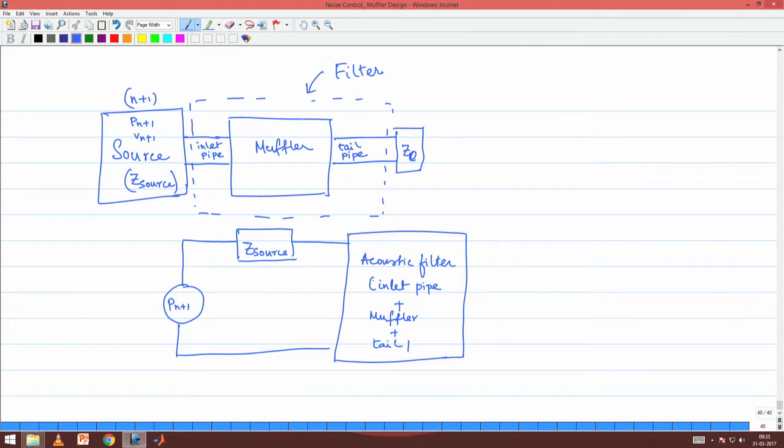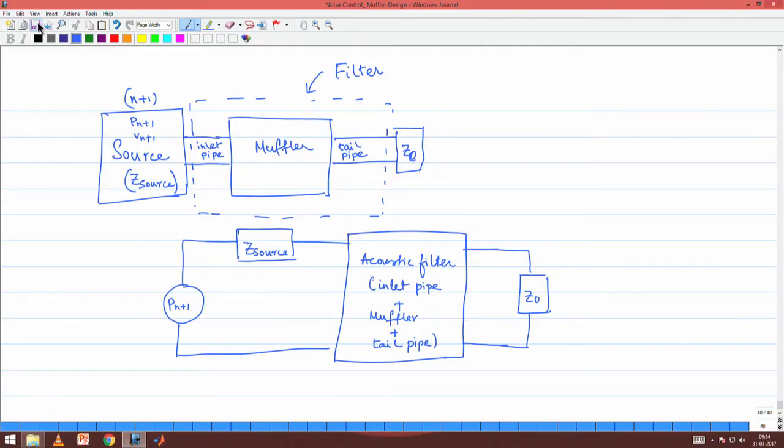And then finally, you will have a radiation impedance. This is the configuration that we are interested in, right.